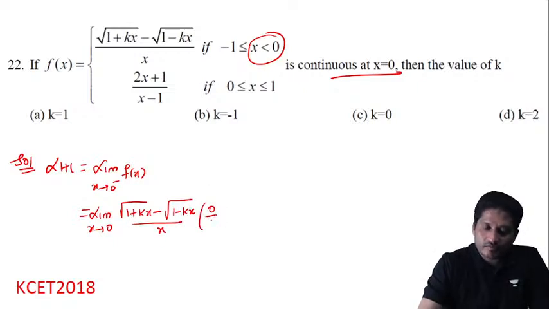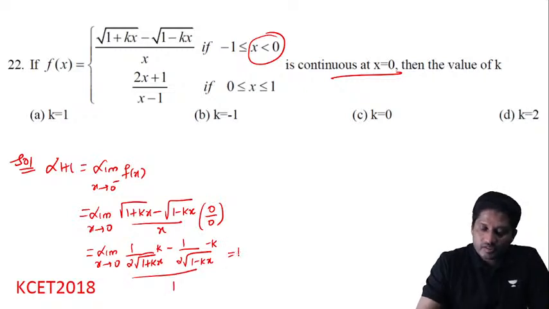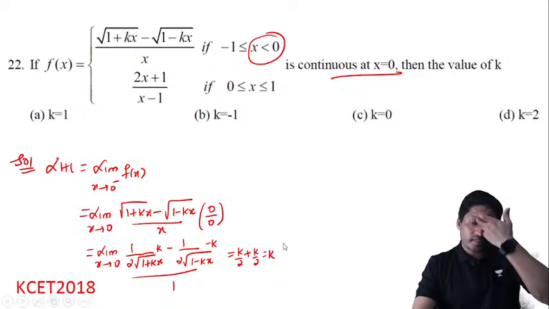This is 0 by 0 form. Let us use L'Hopital's rule. Differentiate the numerator and denominator separately. Differentiation of root of 1 plus kx is k by 2 root of 1 plus kx, and again for the second term, divided by 1. As x is tending to 0, you will get k by 2 plus k by 2, equal to k. Right? This is the left hand limit.